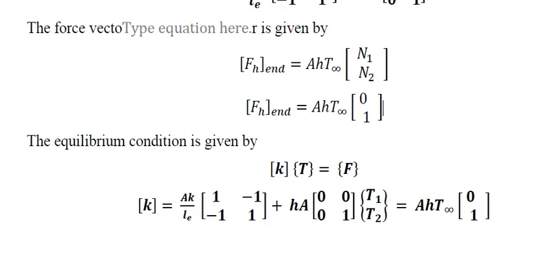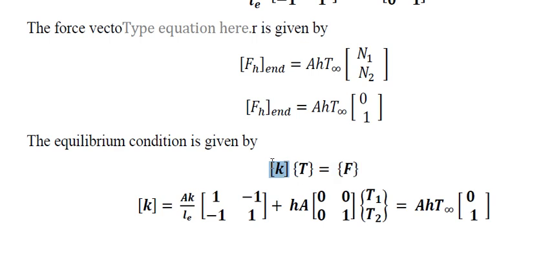Now what is the equilibrium equation? The equilibrium equation is K into T is equal to F. Please look into it. This is the equilibrium equation for 1D heat transfer.